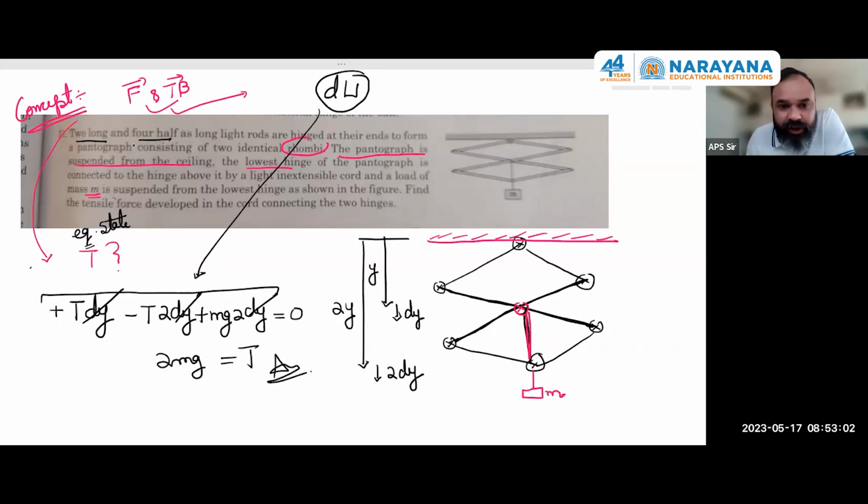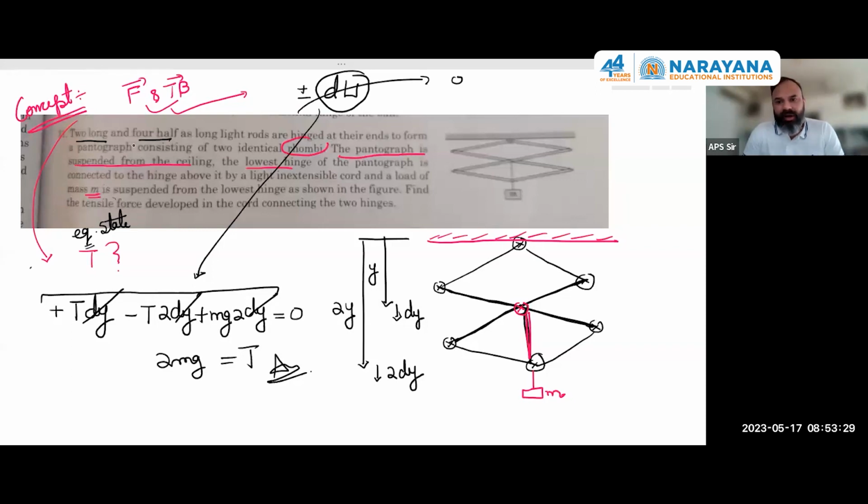So this gravitational term has decayed its energy by mg into 2 dy by differential displacement, right? And whatever has been acquired by that string, so that I have tried to write t dy and minus 2 t dy. And then I said that du term plus du term or minus du term in this state should be equal to 0.